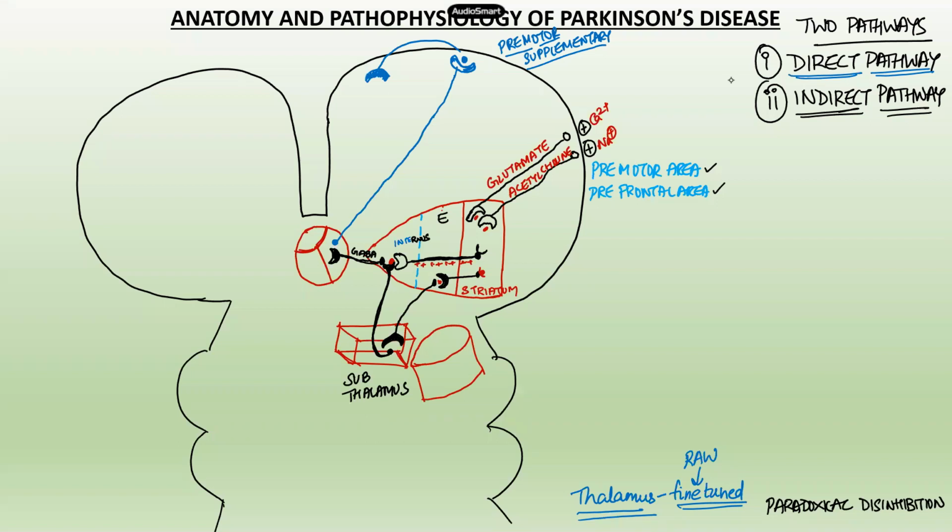Now, to understand that, I have to first draw your substantia nigra. So let me draw your substantia nigra over here. Right. Now, this is the place where the initiation of movements begins. All right.